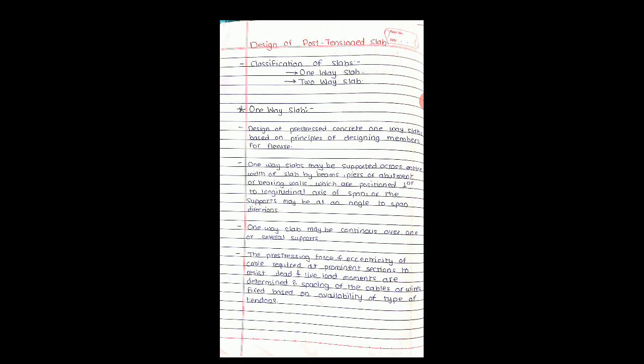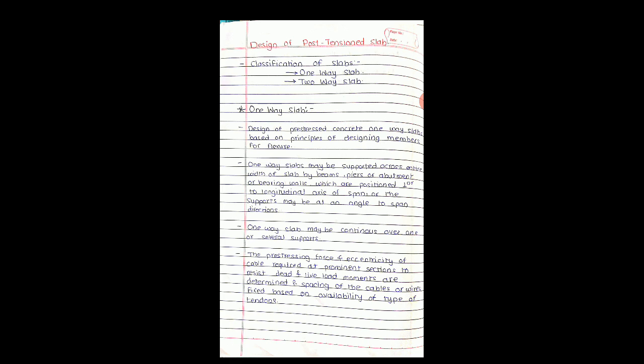One-way slab may be supported across the entire width of the slab by beams, piers, abutments or bearing walls, which are positioned perpendicular to the longitudinal axis of span, or the supports may be at an angle to the span directions.